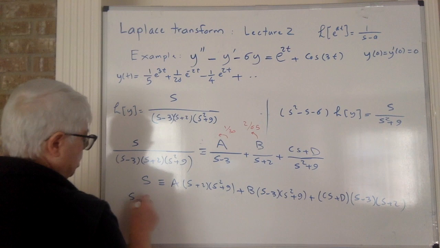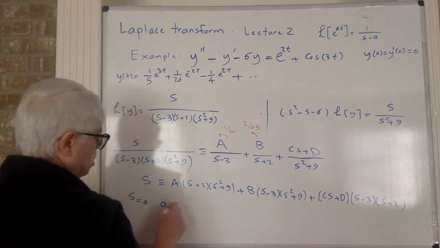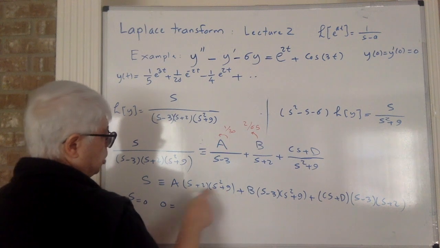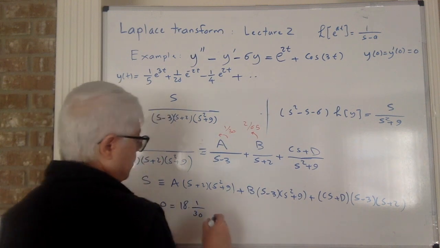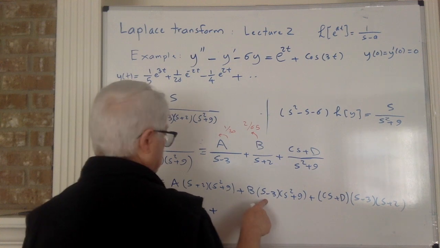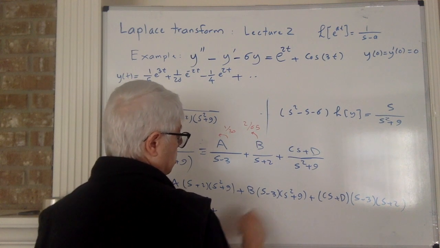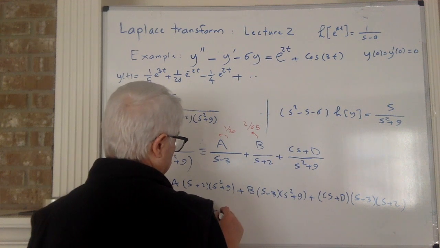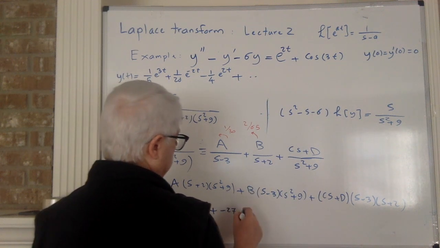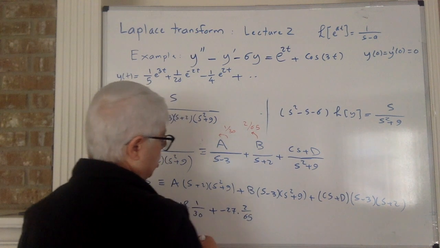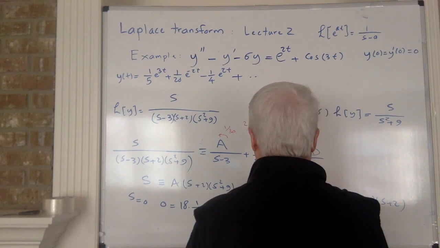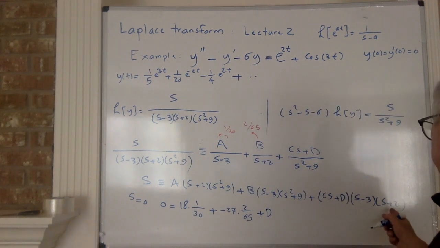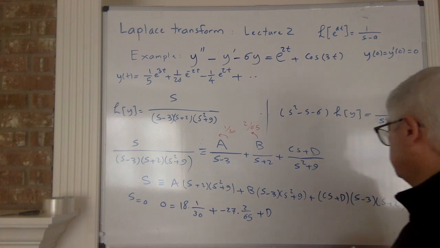If I set s to 0, I will get 0 equals 2 times 9, which is 18, times A, which is 1 over 30, plus 0 will give me minus 3 times 9, which is minus 27, times B, which is 2 over 65. And here I will get plus B times 0, which is minus 3 plus 2 is minus 6.